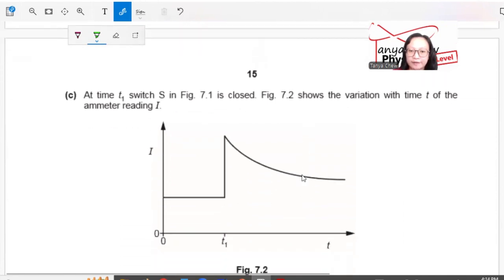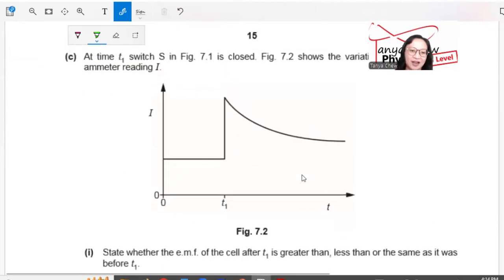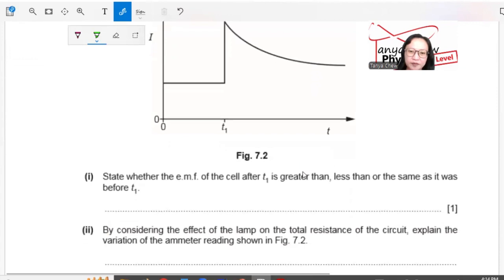Fig 7.2 shows the variation with time t of the ammeter reading I. State whether the EMF of the cell after T1 is greater than, less than, or the same as it was before. Bear in mind, if the battery is not being changed, the EMF always remains the same. It would not change. The one that is changing is the potential difference.